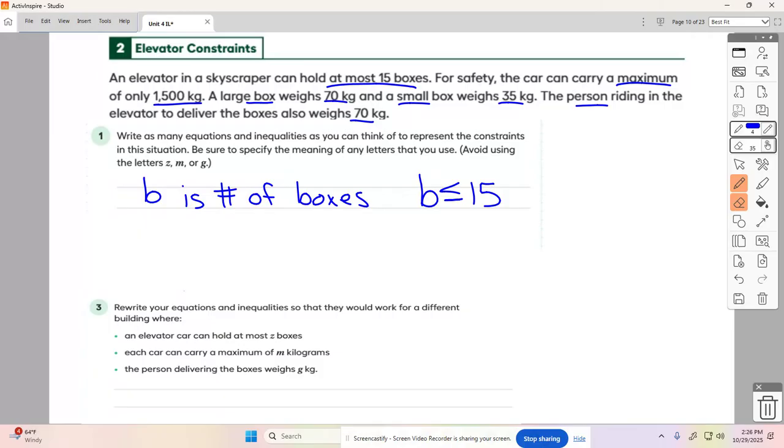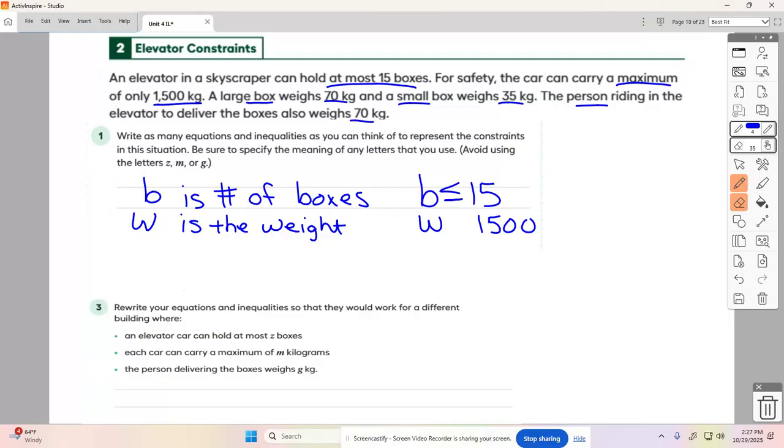The next one says the car has a maximum weight of 1,500 kilograms. So let's put W is the weight, and write an inequality. It says it's a maximum of 1,500.